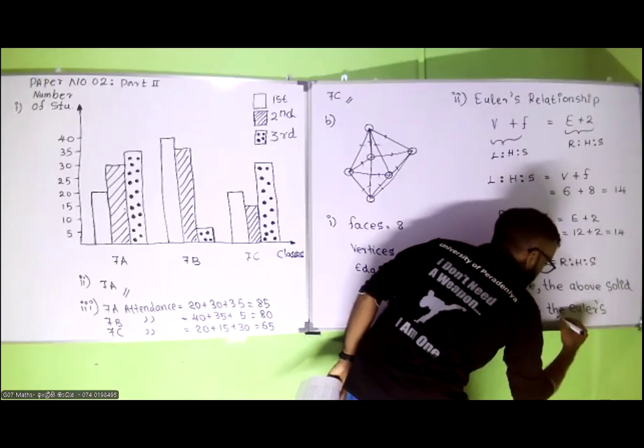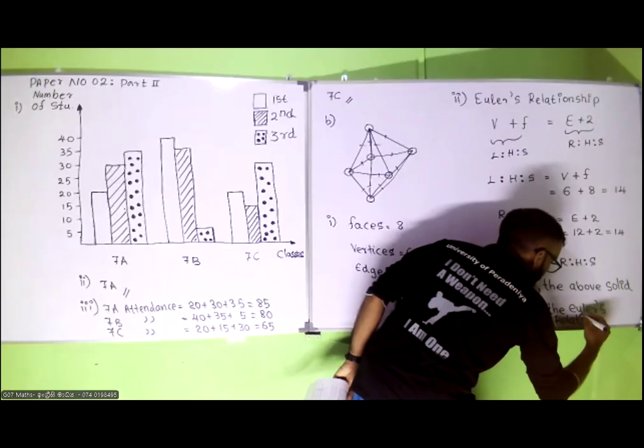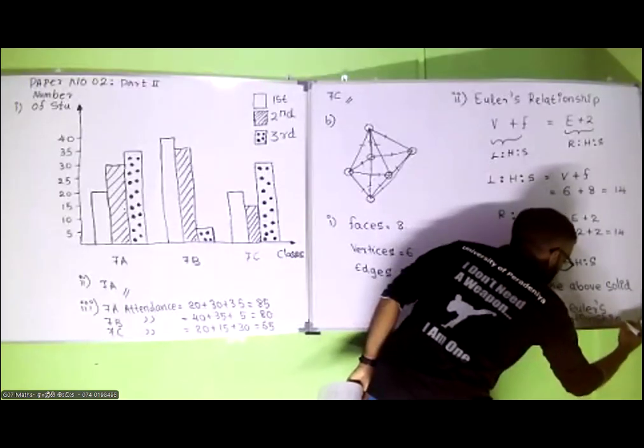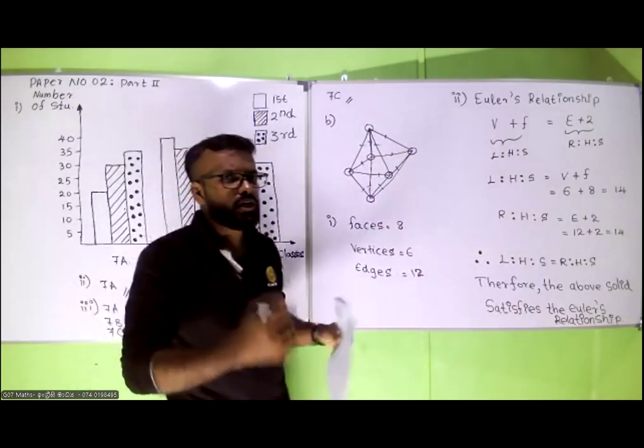You can write it at the end. Or Euler's formula, whatever. Both are correct, it doesn't matter.